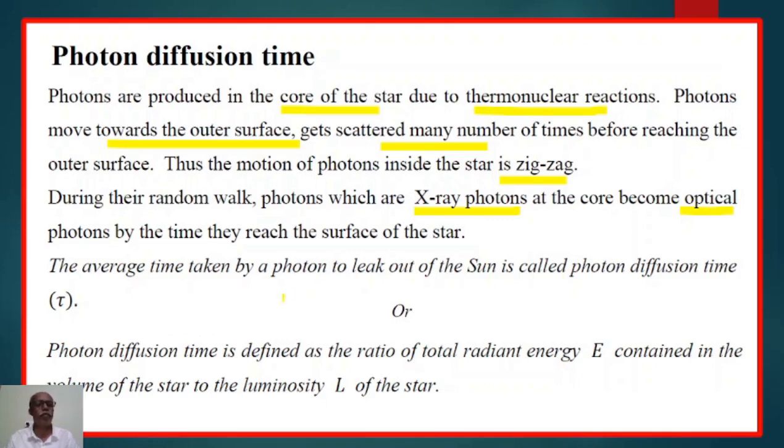Or it can also be defined as the ratio of total radiant energy contained in the volume of the star to the luminosity of the star. The ratio of total radiant energy present in the star to its luminosity is also known as photon diffusion time.